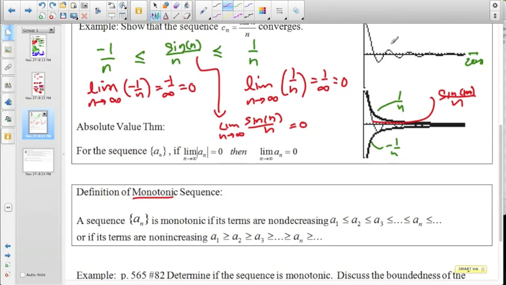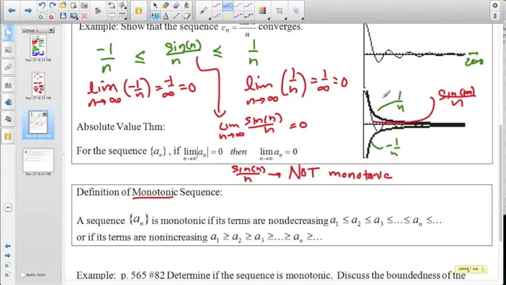In other words, this function turns around many times, and so sine of n over n is not monotonic.